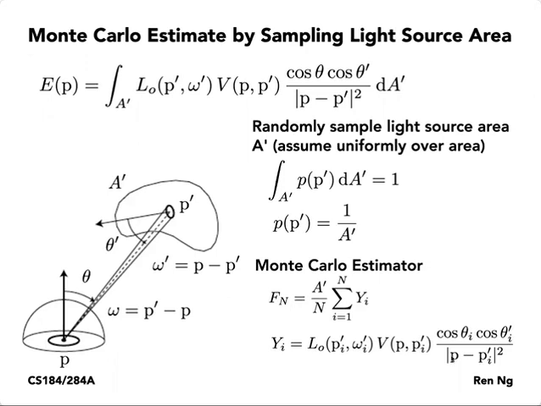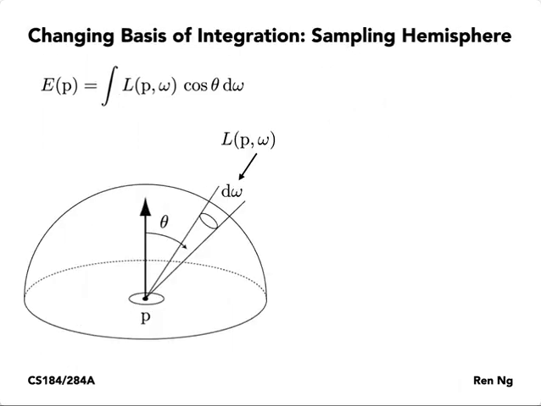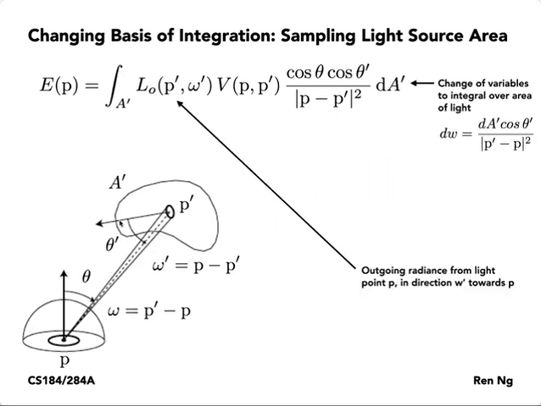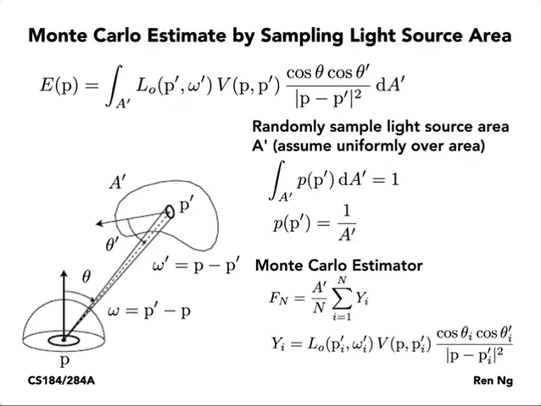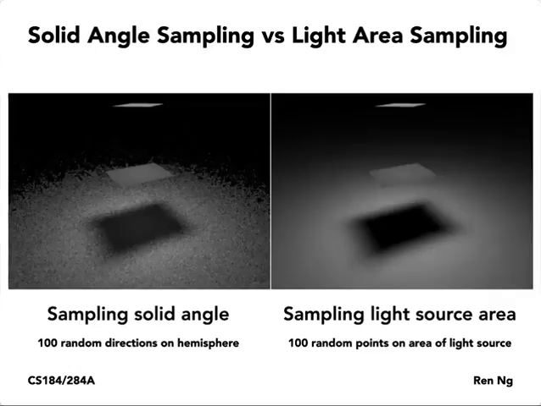Okay, so a bit of algebra here, quite a few additional terms, and the goal is that this Monte Carlo estimator here with this Y sub i is going to give us exactly the same output numerical value as the Monte Carlo estimator I derived some slides back over the hemisphere, okay? But we know that if we apply this from the pictures that I showed you, this Monte Carlo estimator is going to be a lot less noisy, okay? All right, so that's how we tie through to our algebra 101 change of basis, okay? And again, this is what the picture kind of looks like.